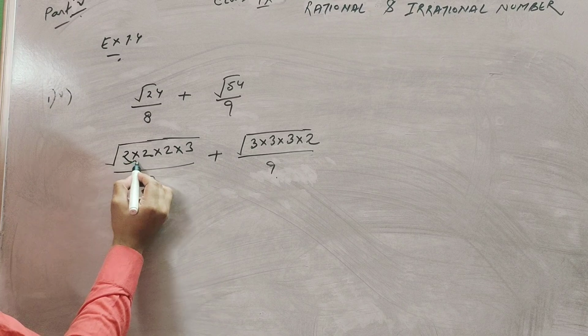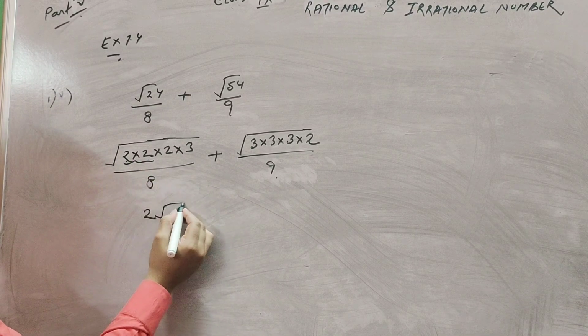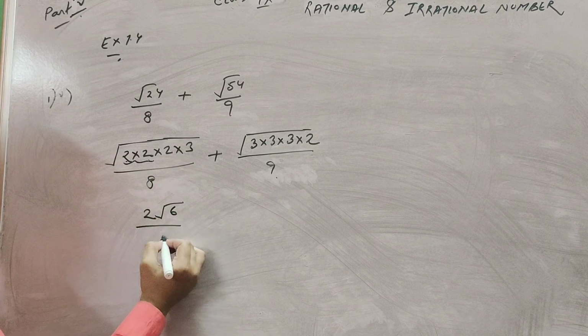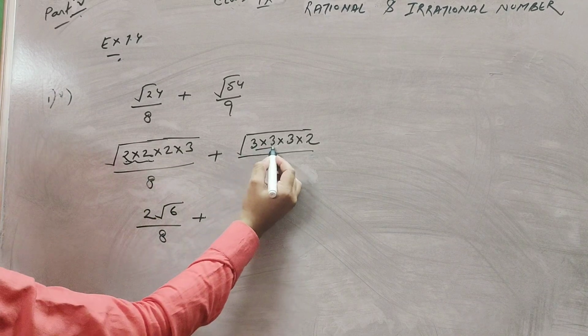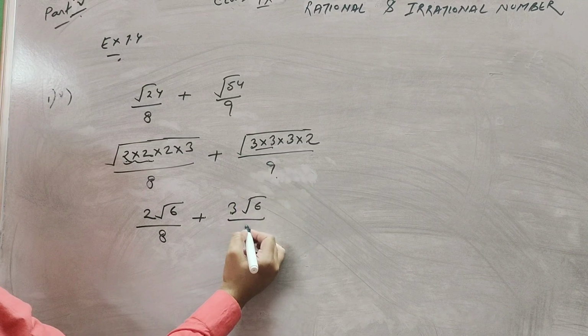Clear? For these two we write 2 outside because root 2 times root 2 is 2, we already explained, and 2 times 3 is 6 under the root by 8, plus root 3 outside, root 6 by 9.